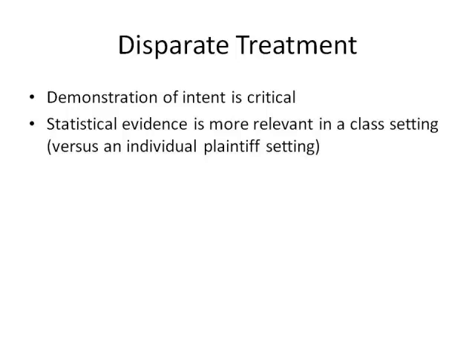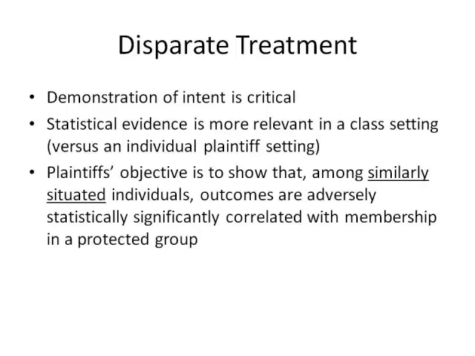It's rare to see them in an individual single plaintiff kind of case. With a disparate treatment claim, the plaintiff's objective is to show that among similarly situated individuals, outcomes are adversely, statistically significantly correlated with membership in a protected group.